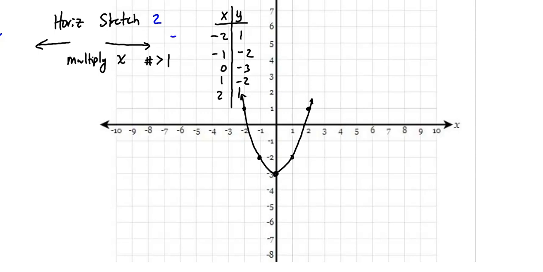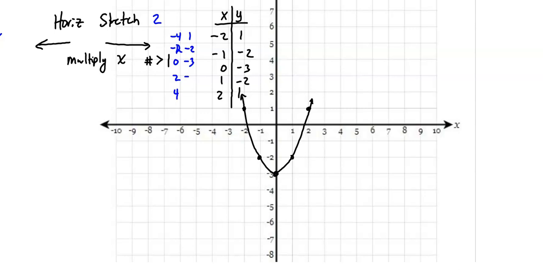My x is now going to be -4, 1. It's going to be -2, -2. 0 doesn't really change, so 0, -3. And x is going to become +2, and the next x is going to become 4 because I'm multiplying all the x's by a factor of 2.